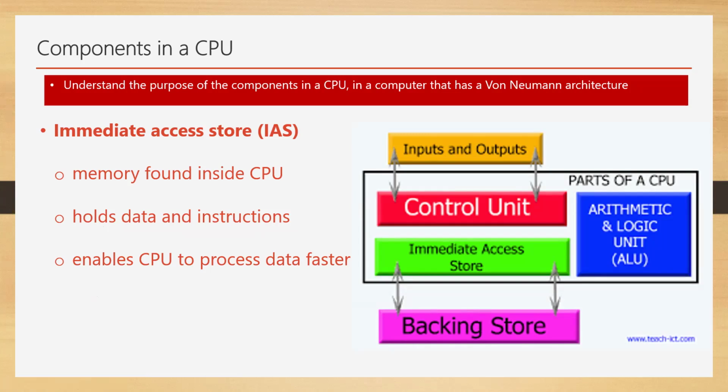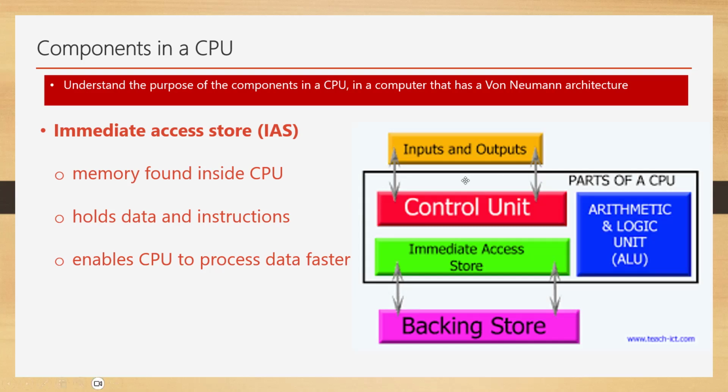So in your IAS, this is a part of memory which is in between your backing storage. That means I can give you the example of solid state drives, hard drives, RAM or ROM, but this is not the same. This is basically the immediate, or you can say the middle level memory that is in between them.